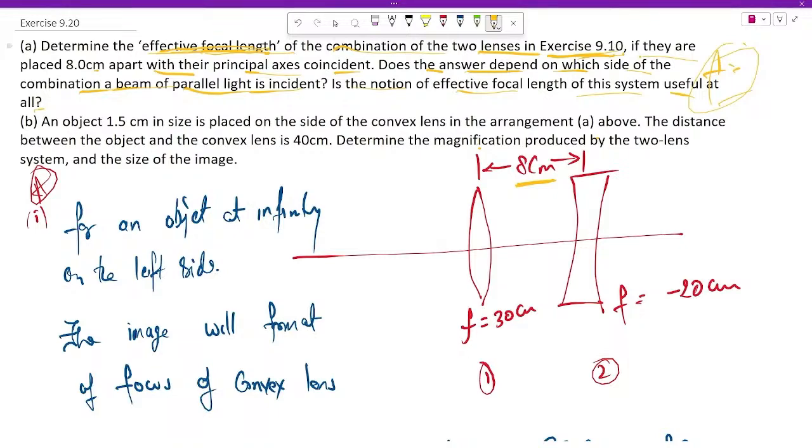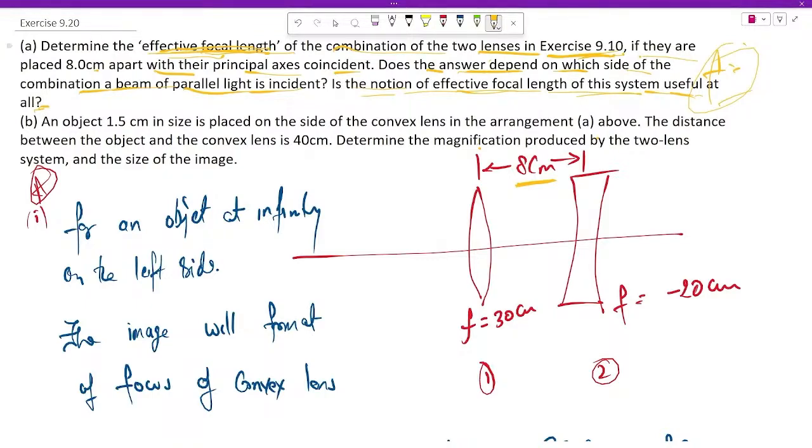We also need to answer whether the effective focal length depends on which side of the lens the light is coming from, or which side the object is placed. And we need to comment on whether the notion of effective focal length of the system is useful at all.